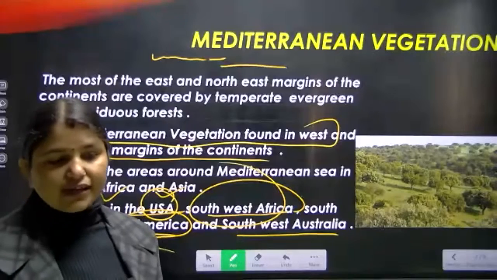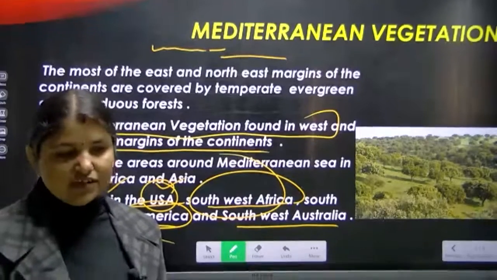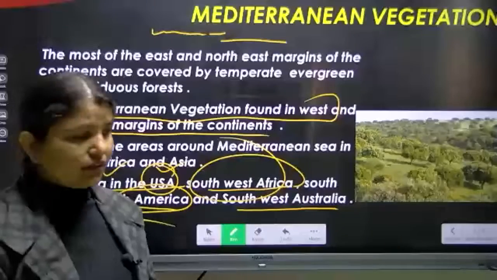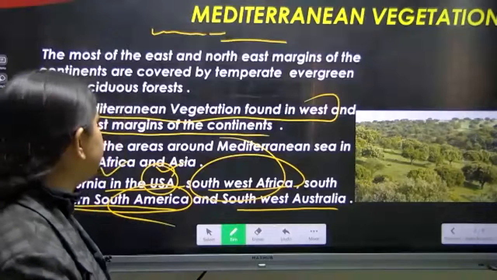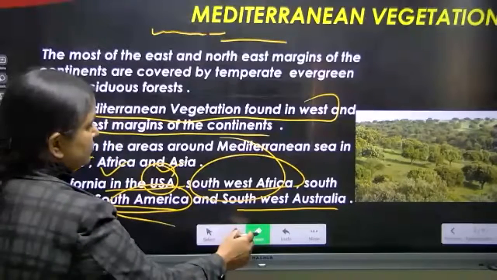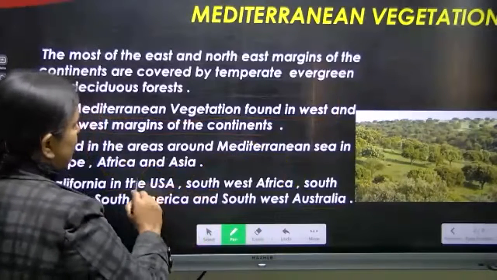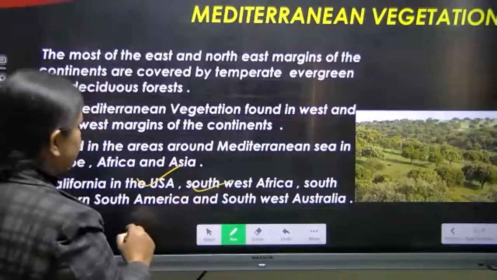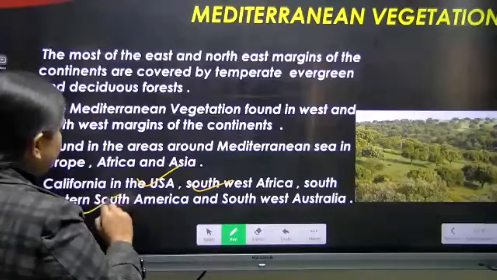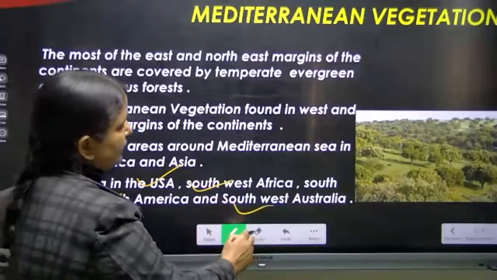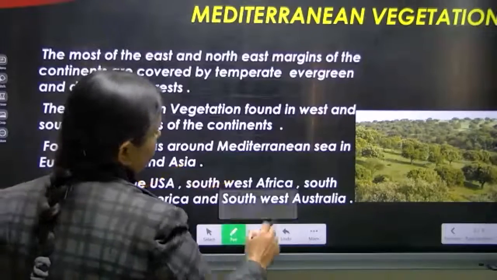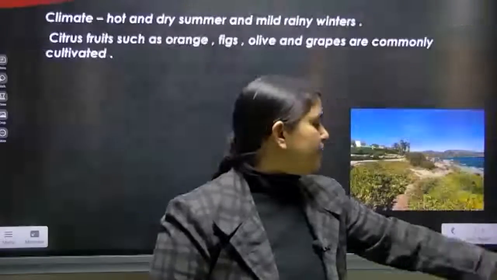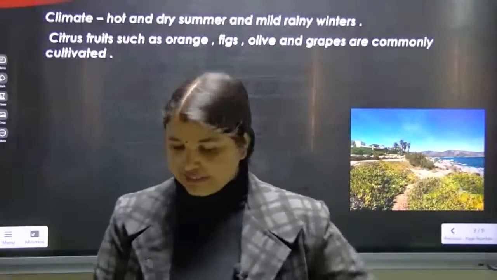Our correct answer will be all of these, because these are all areas where we find the Mediterranean vegetation. Mediterranean vegetation we find in USA, Southwest Africa, Southwest of South America and Southwest of Australia.